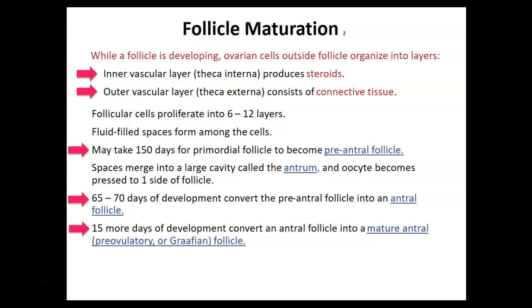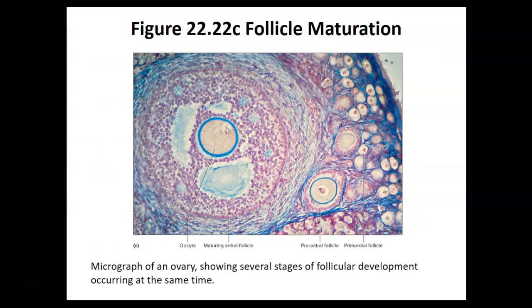The 65 to 70 days of development is going to convert the preantral follicle into a fully matured antral follicle. And then on top of that, you're going to have 15 more days, the first half of the menstrual cycle, that are going to convert the antral follicle into a Graafian or pre-ovulatory follicle. So this is essentially getting the egg ready for expulsion out of the ovary.